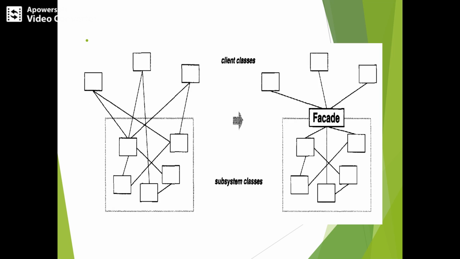This is the structuring into the subsystem. Our aim is to reduce the communication complexities or dependency between the subsystems here, there and there. When you apply this facade design pattern, there are client classes, client 1, 2, 3, n number of clients.